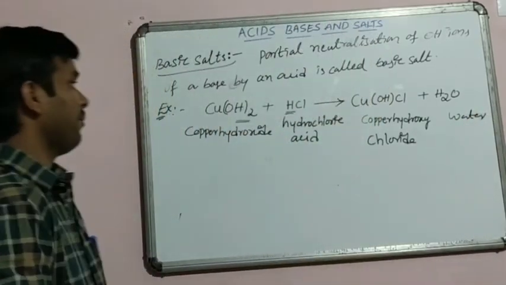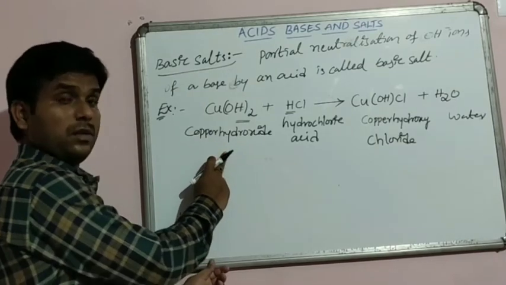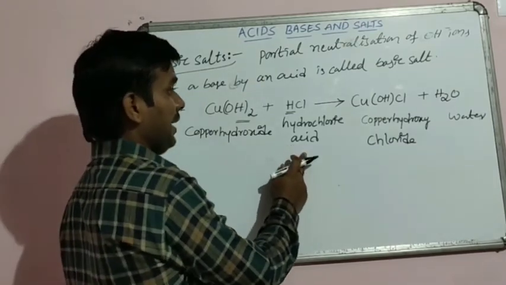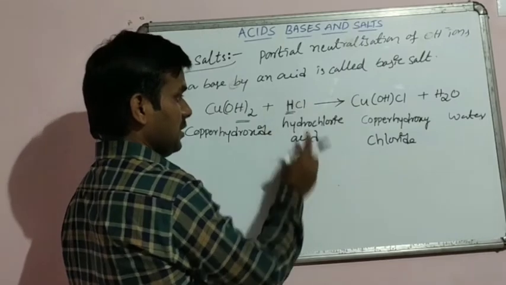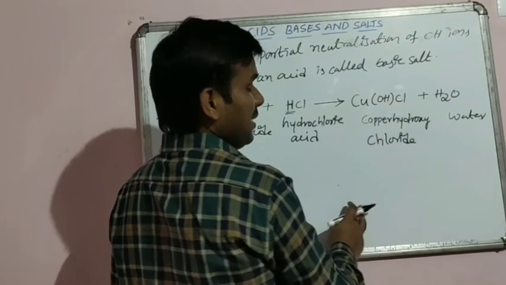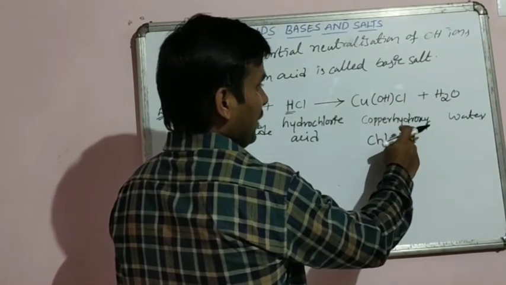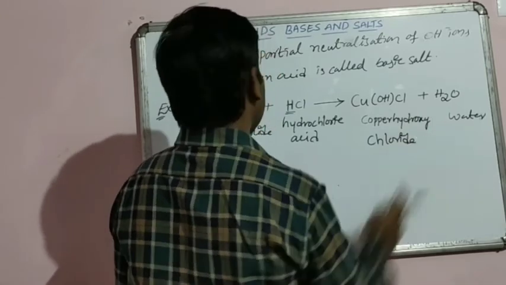Listen once again. Copper hydroxide is a base. It reacts with hydrochloric acid, HCl, to form Cu(OH)Cl, copper hydroxychloride, and water.